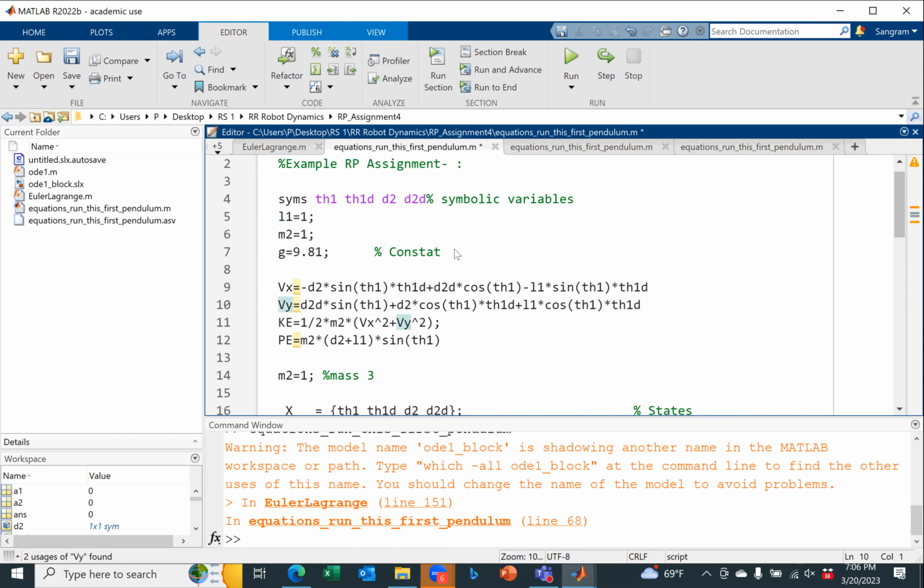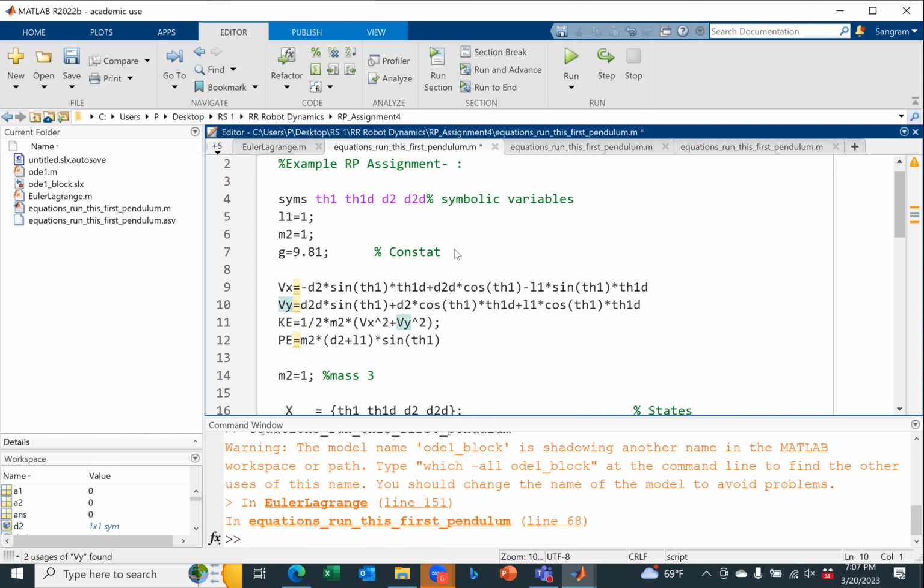Then we will have Ixx, Iyy, and Izz, and the rotational kinetic energy will be half Ixx omega x square, half Iyy omega y square, half Izz omega z square. But since this is a point mass, it only has the translational energy.